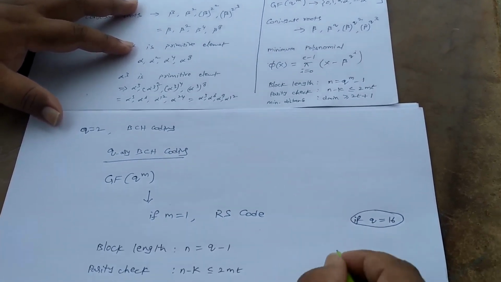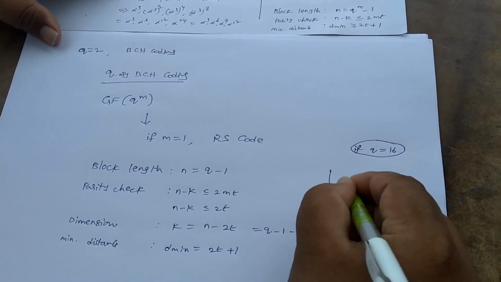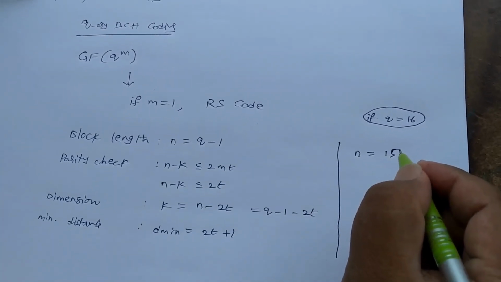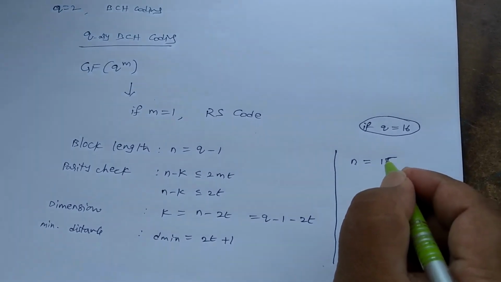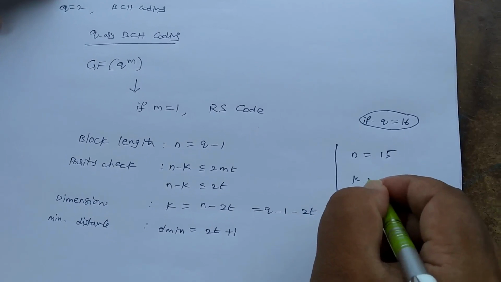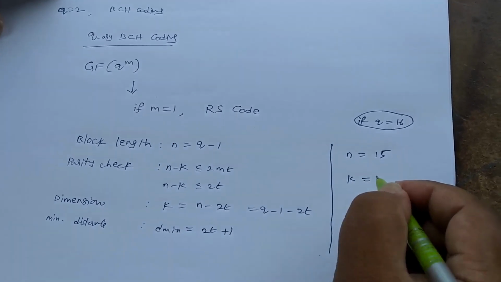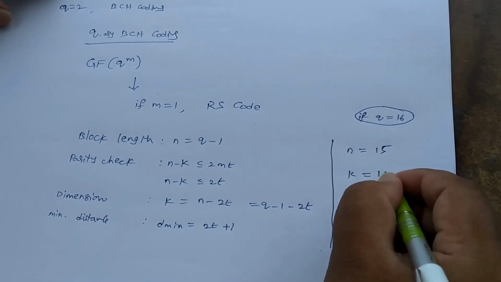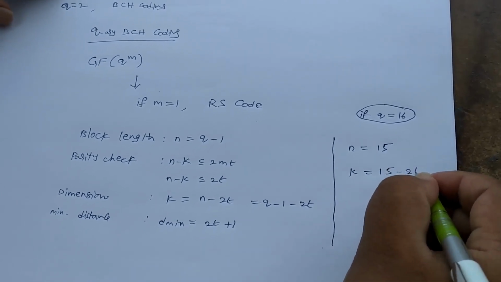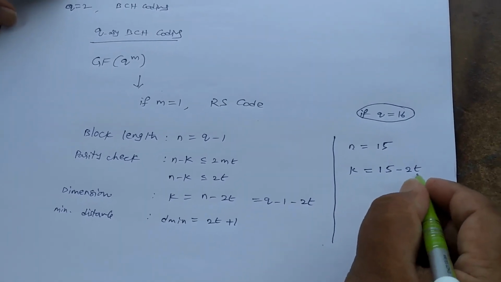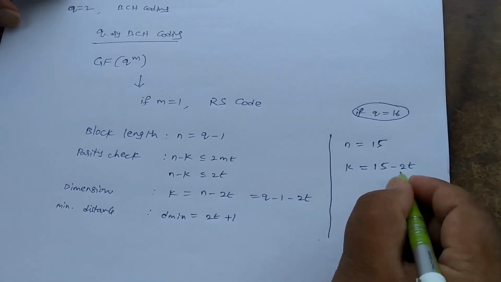If q is equal to 16, now the parameters are n is equal to 15, and k, the parameter required, is equal to 15 minus 2t. So based on t, the number of error corrections, we will decide.